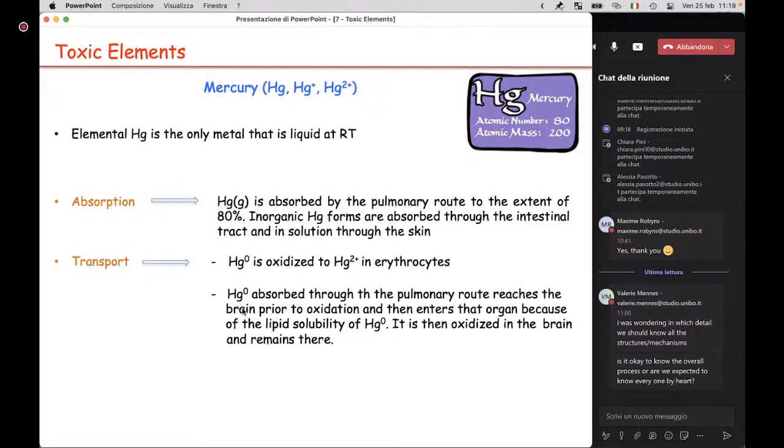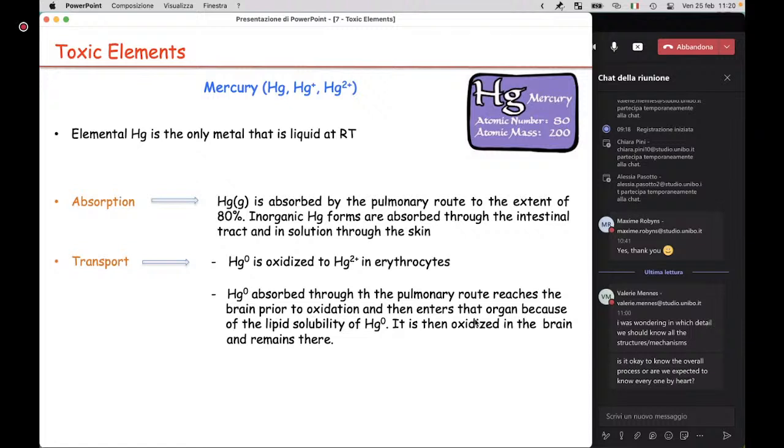Then, once in the brain, it is oxidized and stays there because it cannot go out through the blood-brain barrier, having become more lipophilic.